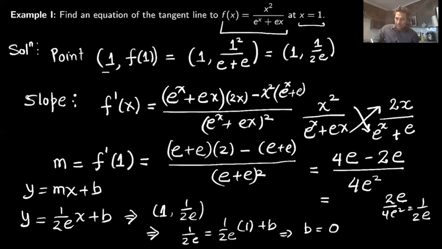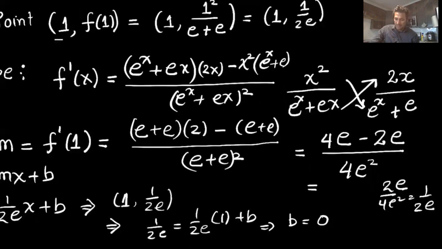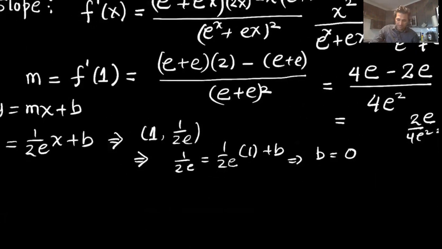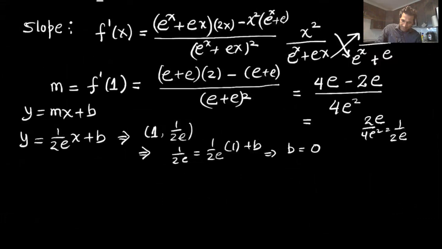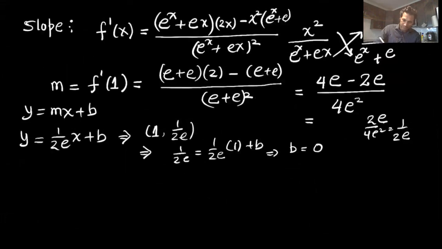Therefore the equation of the tangent line is y equals 1 over 2e times x plus 0.